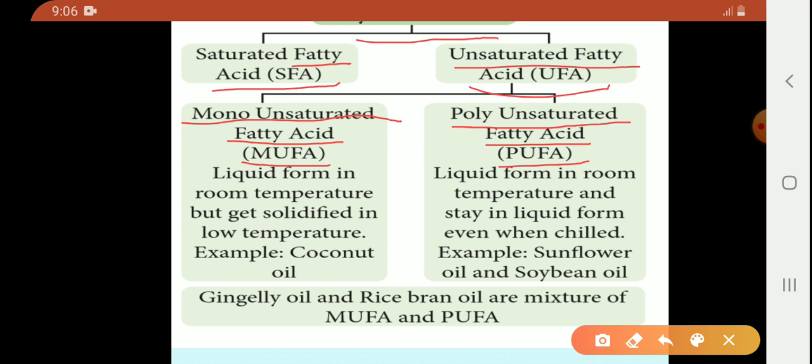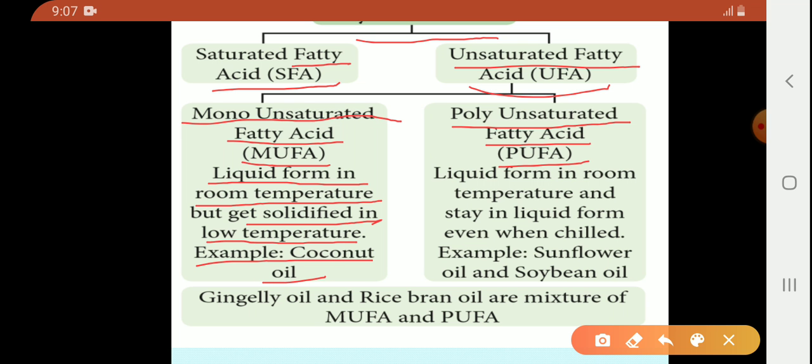The first type, monounsaturated fatty acid, will be in a liquid condition at normal room temperature, but when the temperature gets low, it will solidify. So the example is coconut oil.